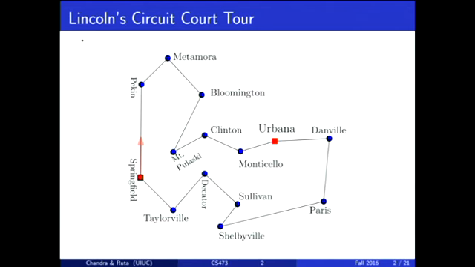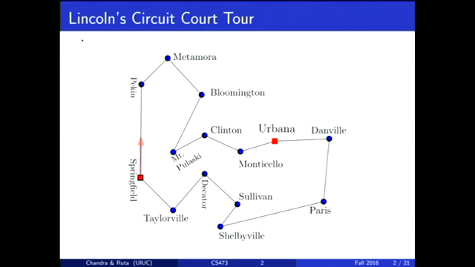So in those days, the courts went to the people rather than the people going to the courts, because it was hard for people to go to the courts, right? So Lincoln was a circuit court lawyer, and so he would travel around the counties, right, to set up court and argue cases and stuff, right?